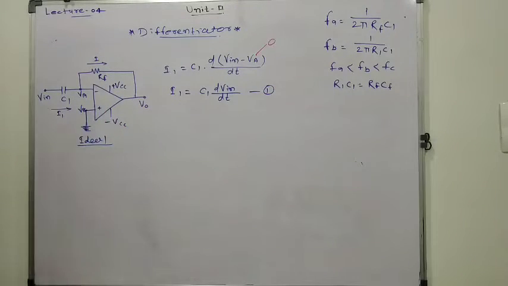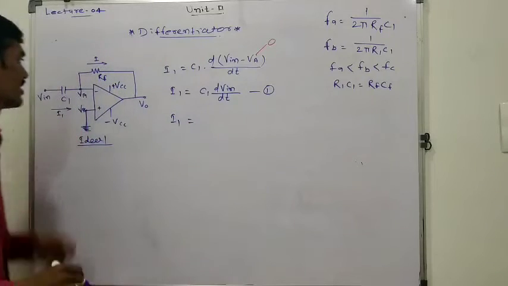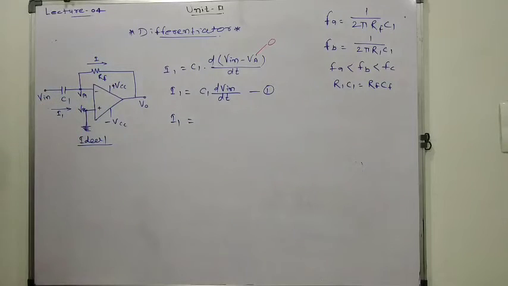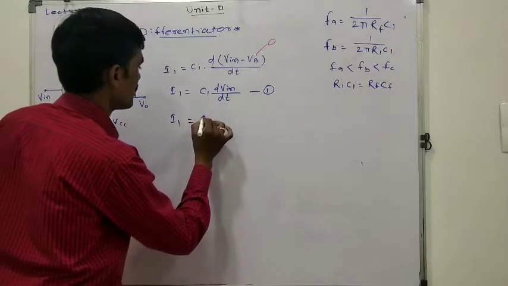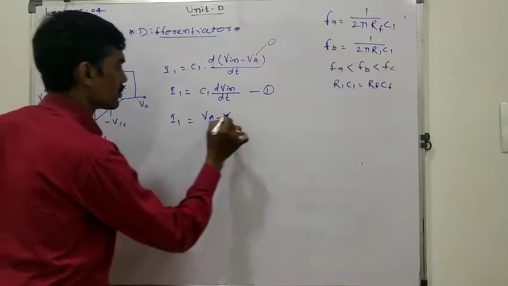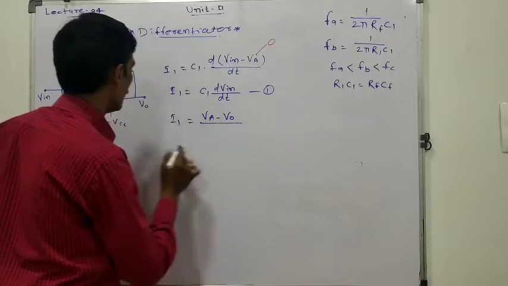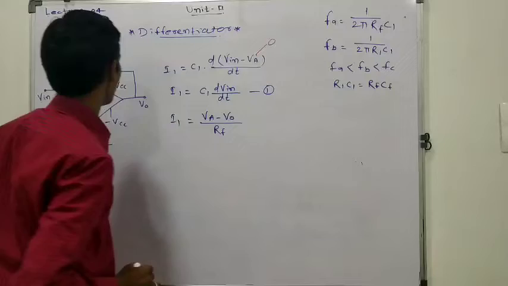Next, the current is I. What is I? It can be calculated directly by using Ohm's law. What does Ohm's law say? The voltage difference, that is Va minus VO, divided by the resistance RF.